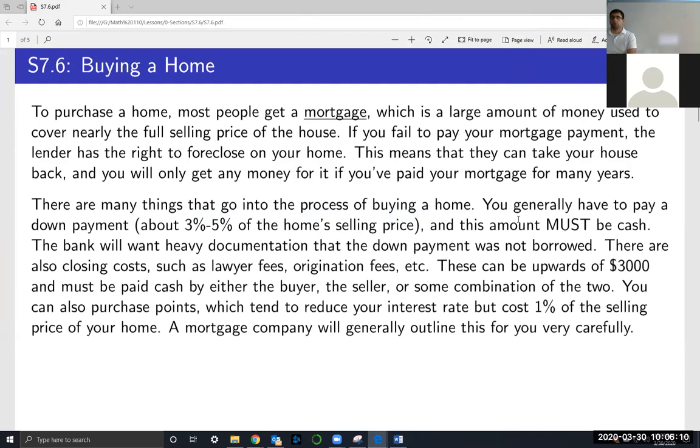All right, so I guess we will get started. As discussed, today we're going to finish up this section on percents with talking about buying a home, which is supplemental 7.6.